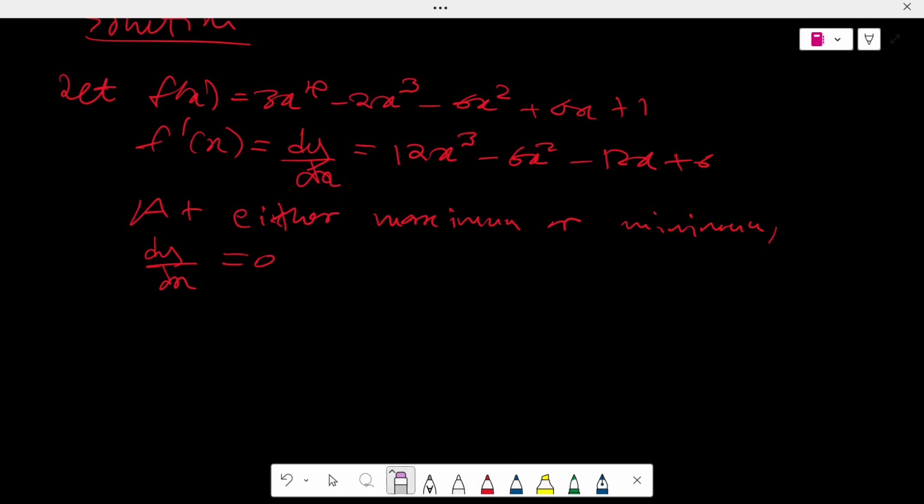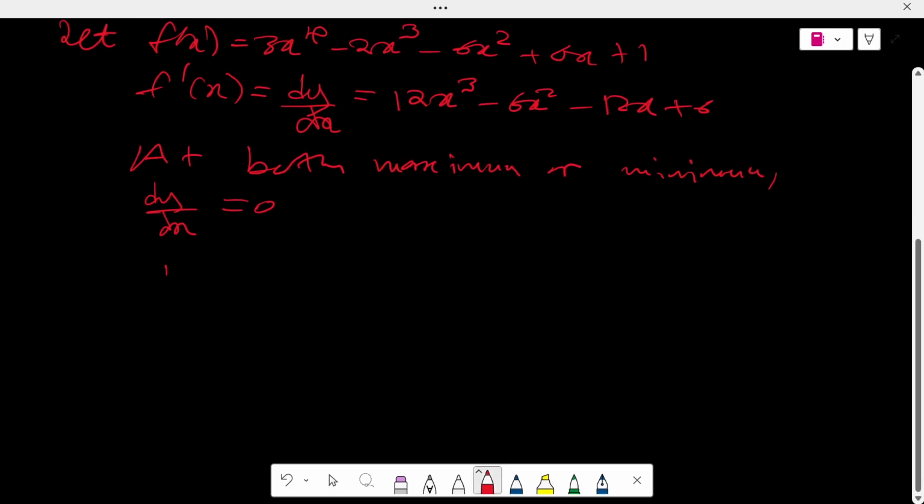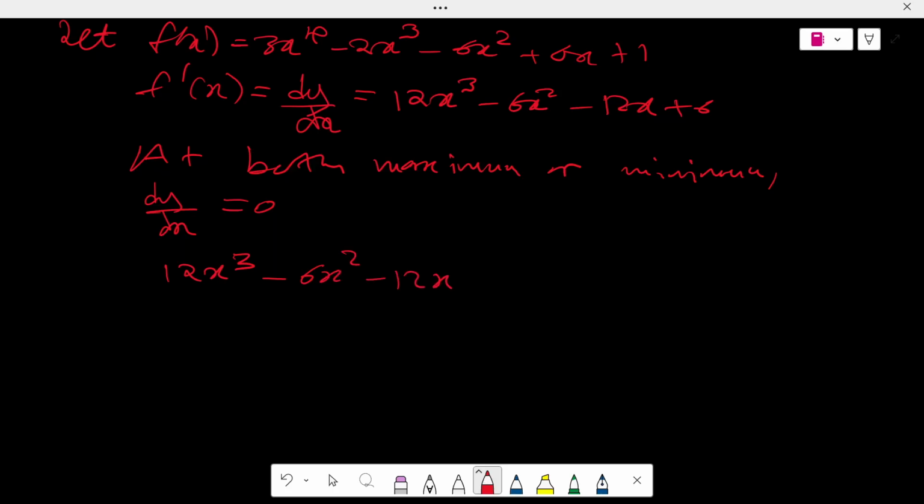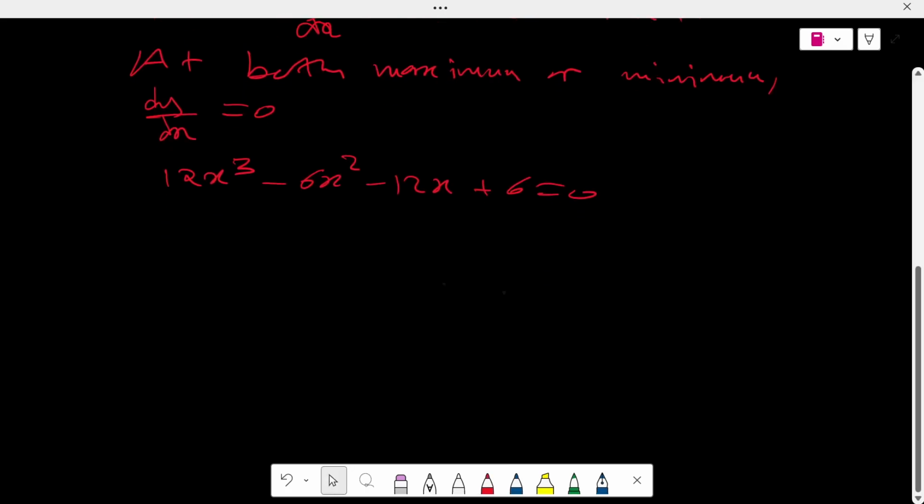Wait, in fact not either, at both. So what do we do here? What we do is we equate this function to 0, since we're saying at maximum or minimum dy dx is equal to 0.